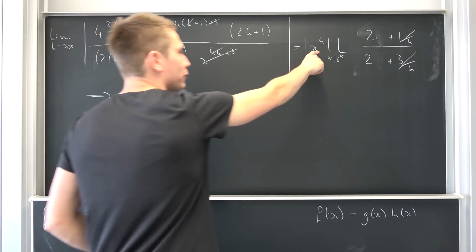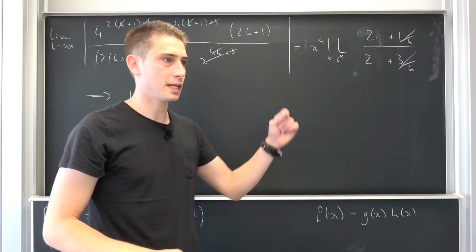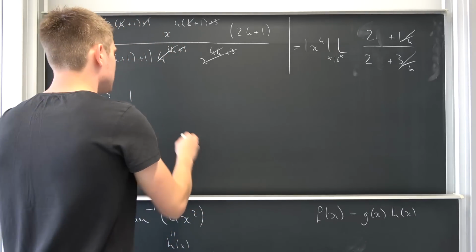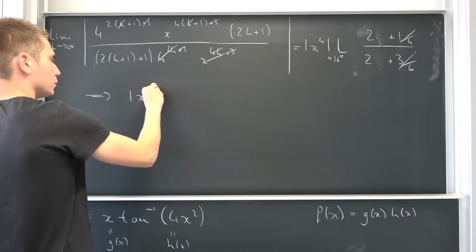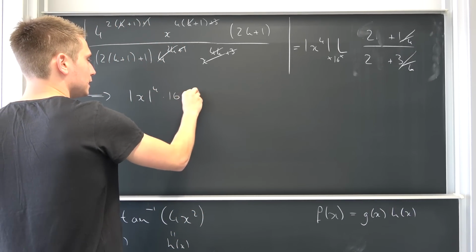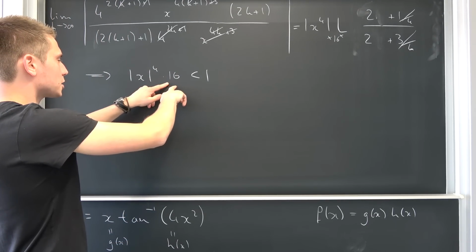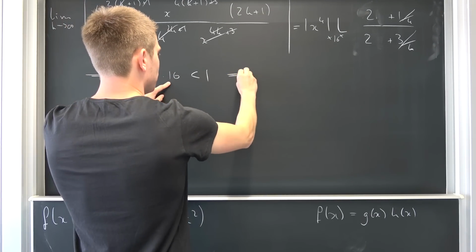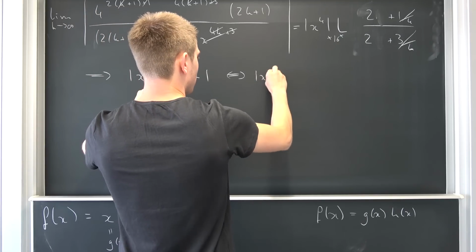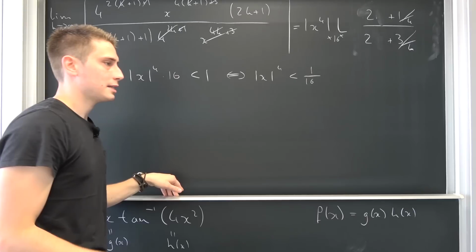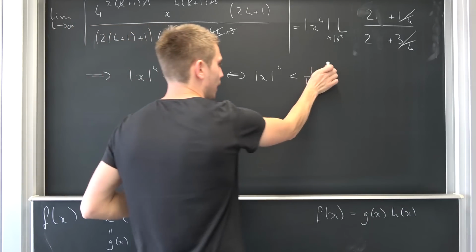So if we have x to the 4th power in absolute values, that's the absolute value of x times the absolute value of x, 4 times exactly. So that's the absolute value of x to the 4th power times 16, strictly less than 1. That actually turns out quite nicely. So that's equivalent to saying the absolute value of x to the 4th power is strictly less than 1/16. 16 is 2 to the 4th power.